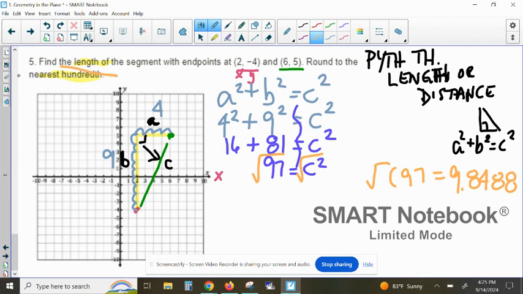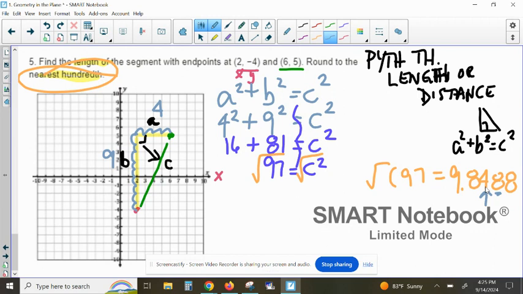Now remember, it said round to the nearest hundredth. The number in the hundredths place is this 4 right here. But we have to look to the right of it and see if we have to shove the 4 or not. You see this 8. Does that mean we have to shove the 4? 5 or above, give it a shove. So this 4 has to go up to a 5.